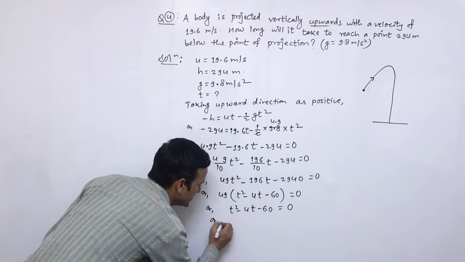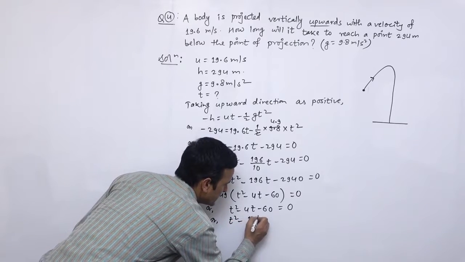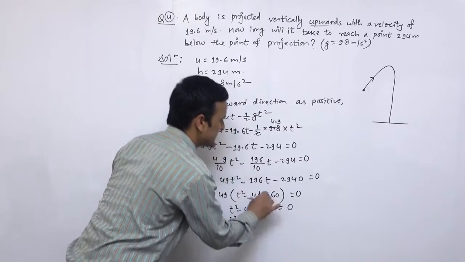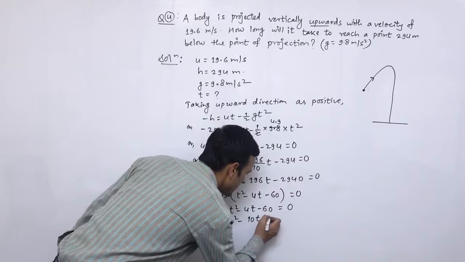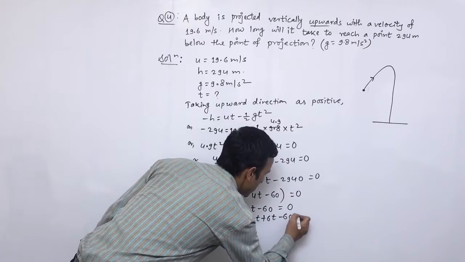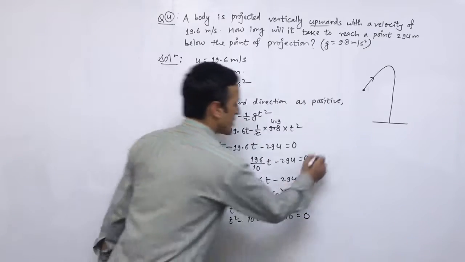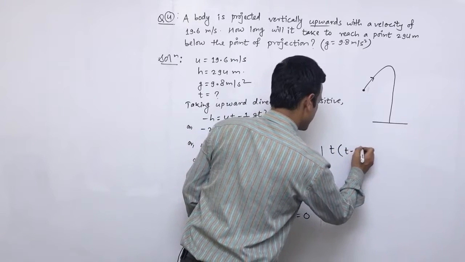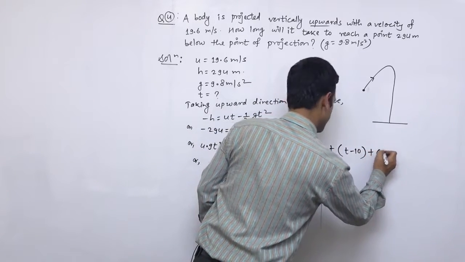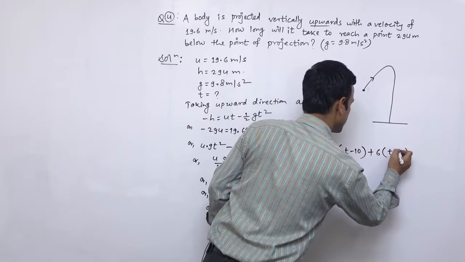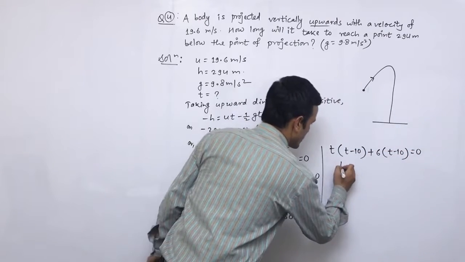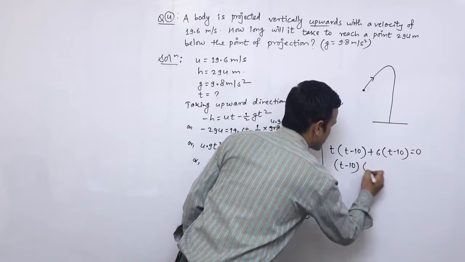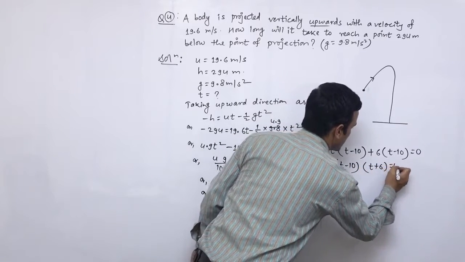So now we can factorize: minus 10 plus 6, 60 means 10 plus 60. So in this way we can solve it. Now here is t common, t minus 10, plus 6 common, t minus 10 is equal to 0. So we can write down t minus 10 and t plus 6 is equal to 0.